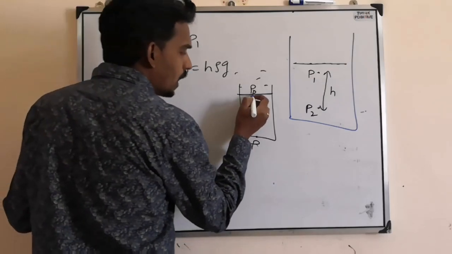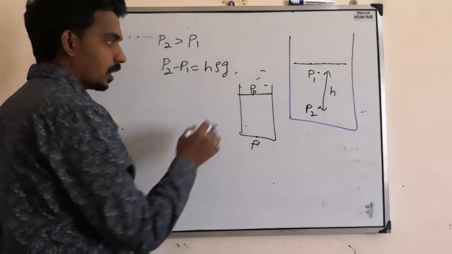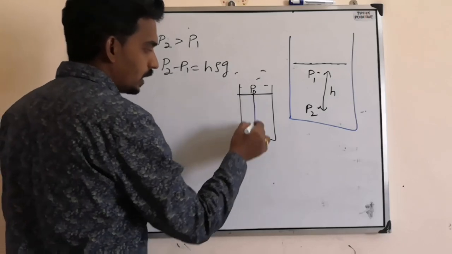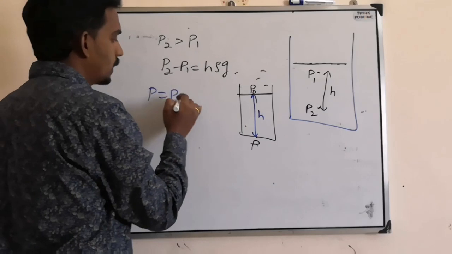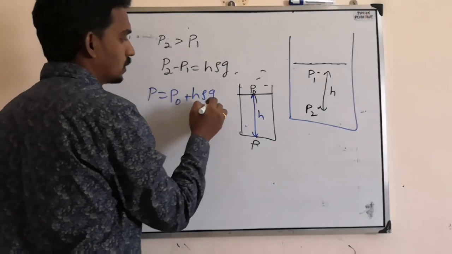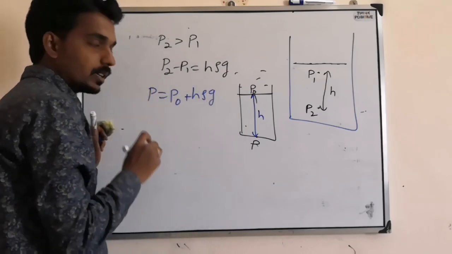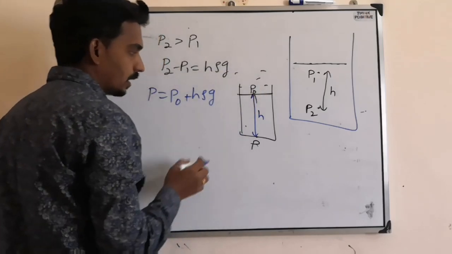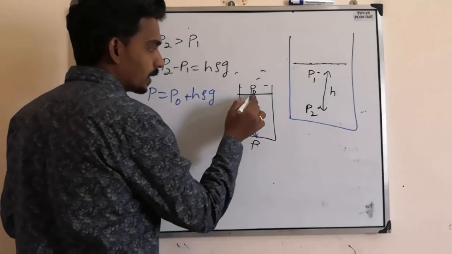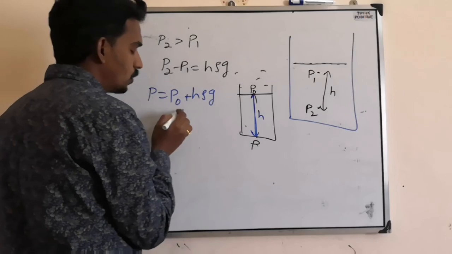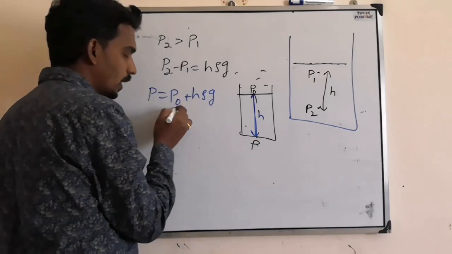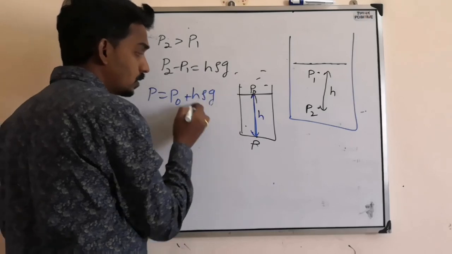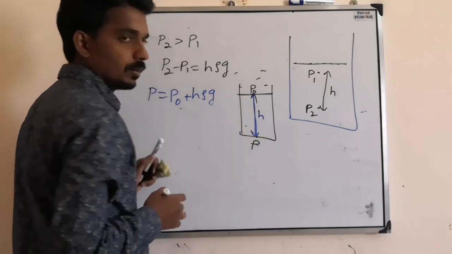If P0 is the atmospheric pressure on the surface, then at any depth h the pressure will become P0 plus h rho g. P0 is the pressure due to the atmosphere, air, and h rho g is the pressure due to the liquid column.